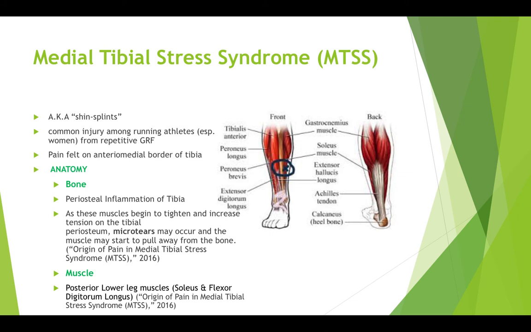Over time, this can create micro tears or micro trauma to the bone as it starts to pull away from the muscle, which creates the pain felt by many athletes.